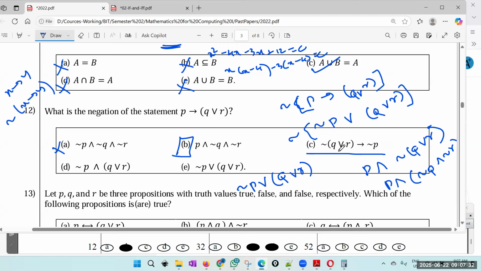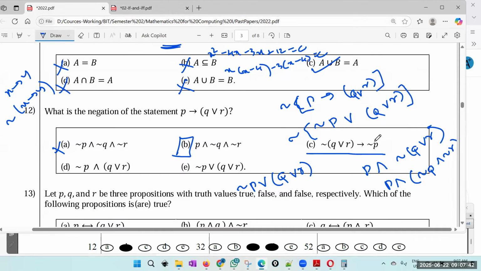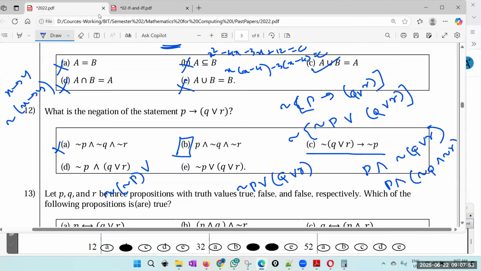Because X implies Y means not X or Y, that means not of not P, or, that is not X, then Y.